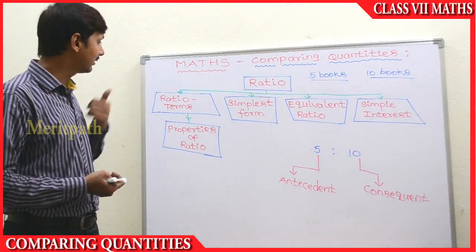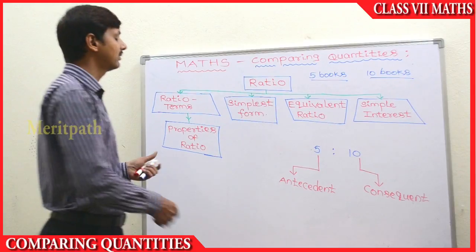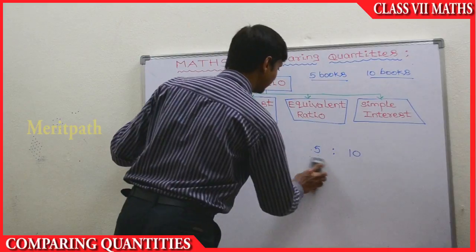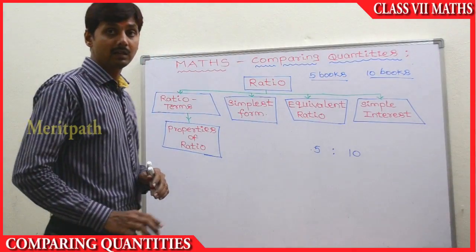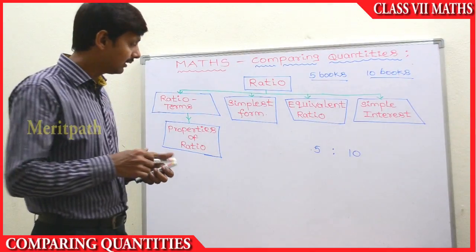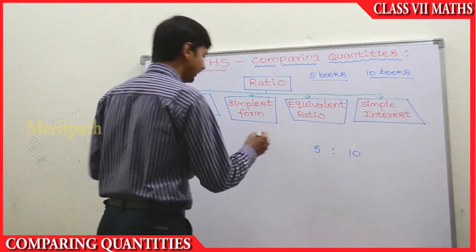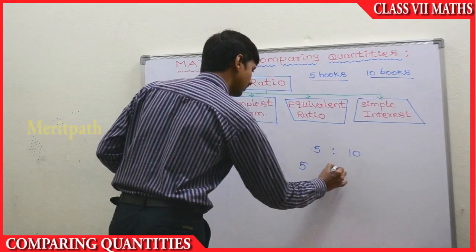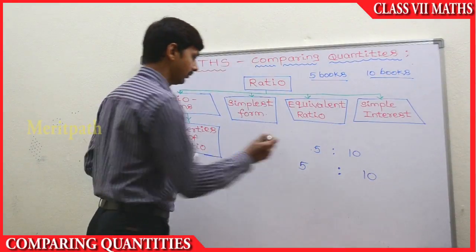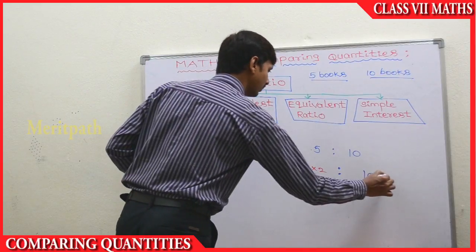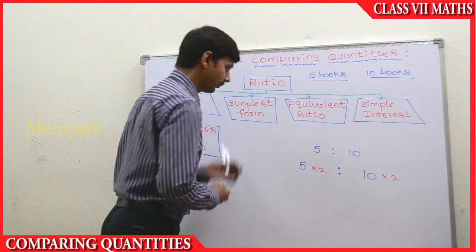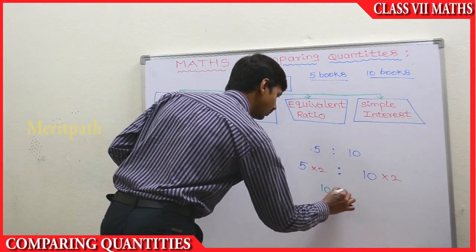Let's discuss the properties of ratio. One property: the antecedent and consequent are multiplied by the same number. Let us take 5 is to 10 and multiply by 2, so into 2, it becomes 10 is to 20.